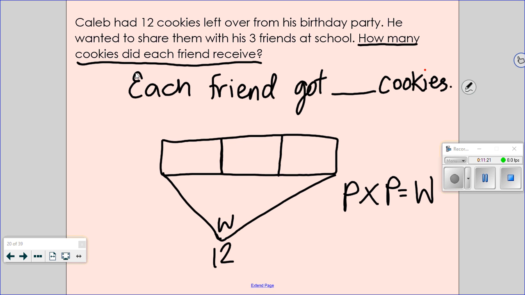Yes, I can count them. I have 3 friends. 3 groups of box. Do I know the whole? Yes! 12. I know it from my bar model. 3 groups of something equals 12.